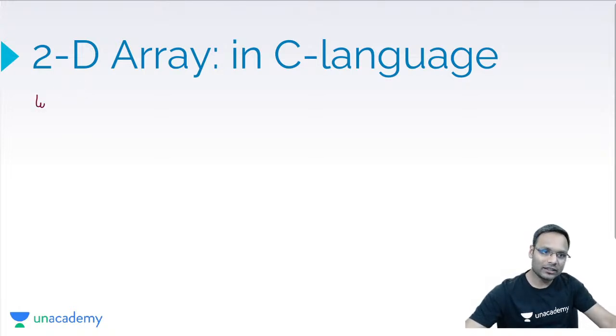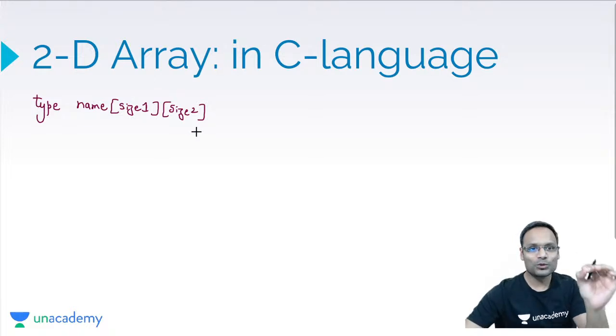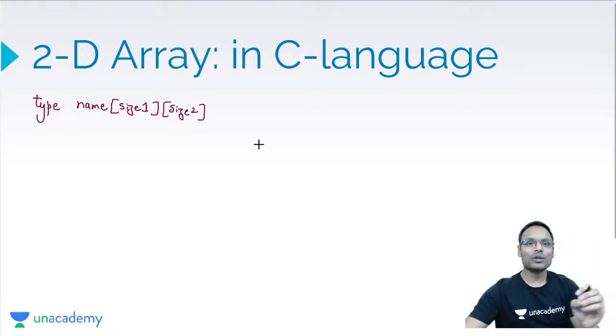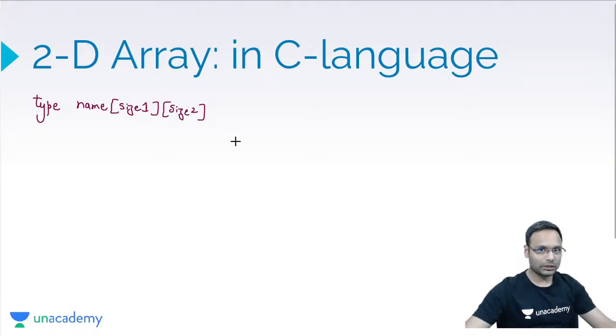You first write the data type, after that the name, after that you write size 1 and size 2. What do size 1 and size 2 mean? Size 1 is the number of rows in your 2D array. Size 2 is the number of columns in your 2D array. पता होना चाहिए सबको.